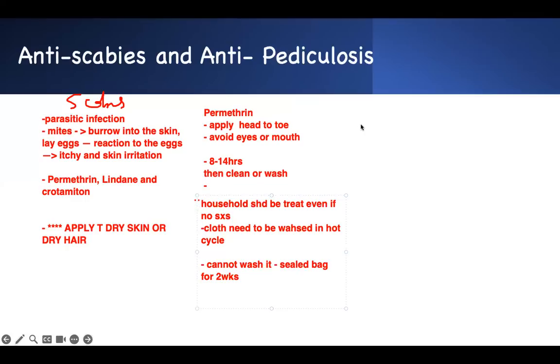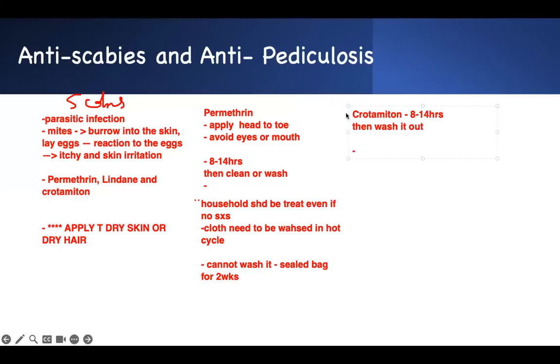So that's permethrin. The Crotamiton is the same thing. You apply it, and it also stays on for 8 to 14 hours. Then you wash it out.